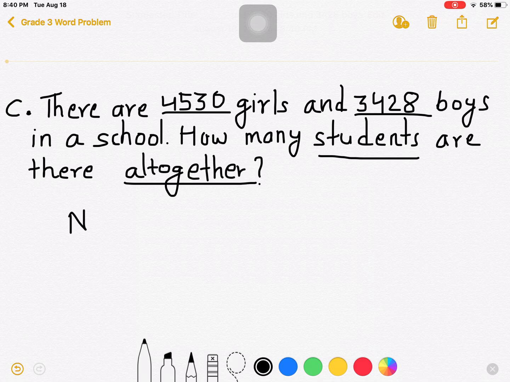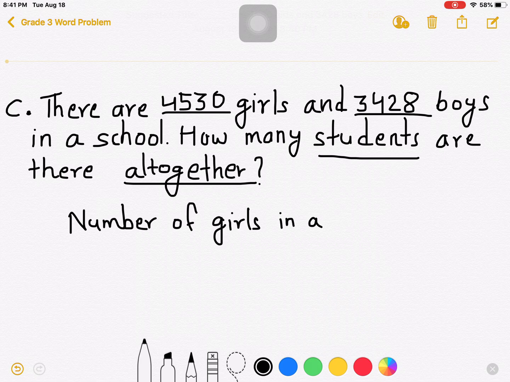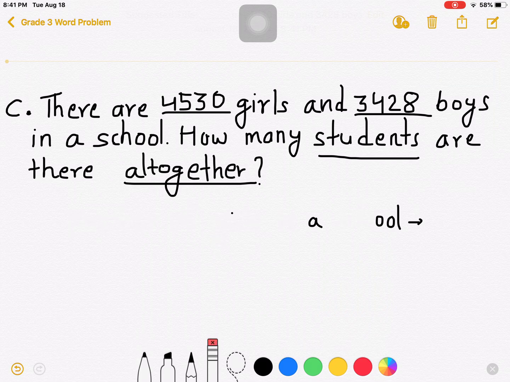Number of girls in a school. Okay, let me write from here. We have very little space here, so let me write from here.